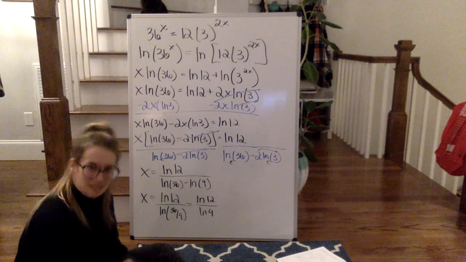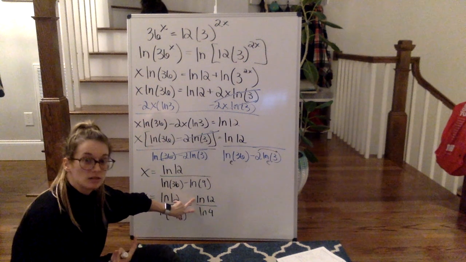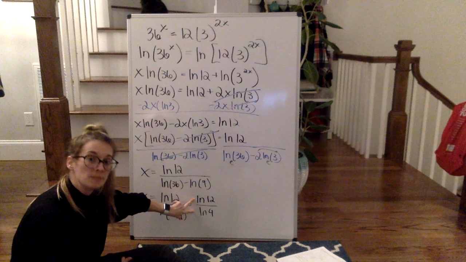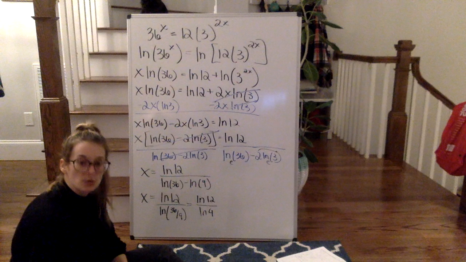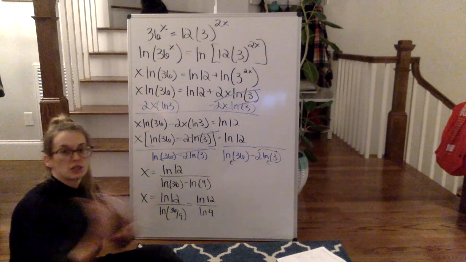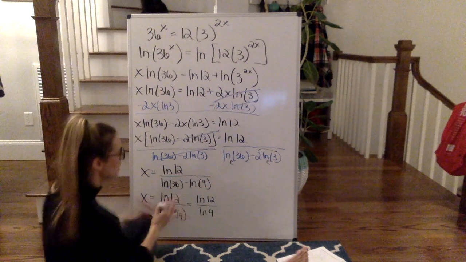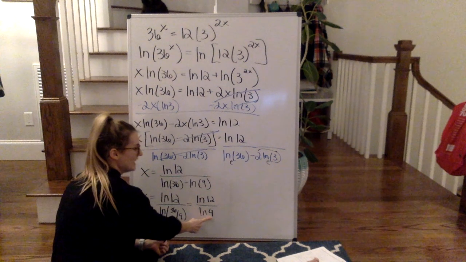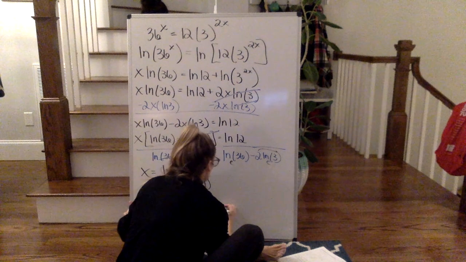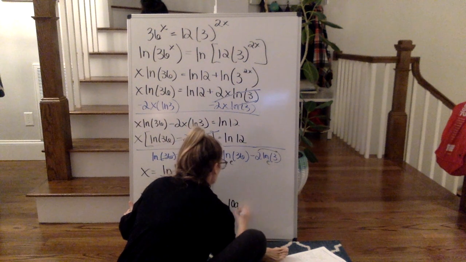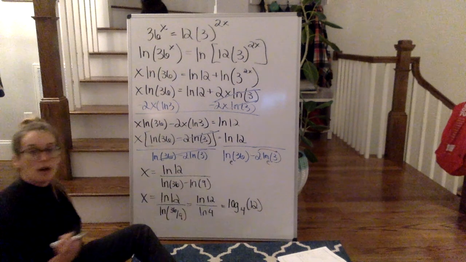And the last thing, when you're dividing two logs, in this case they're natural logs, that have the same base, you can actually do reverse change of base property, and we can turn this into a single log where the base is 4 and the inside of the log is 12. So this will become log base 4 of 12.